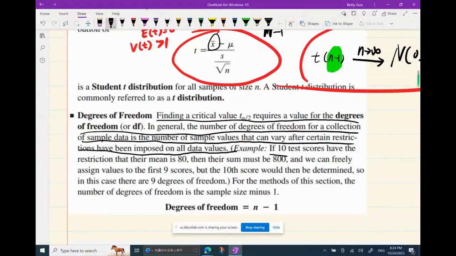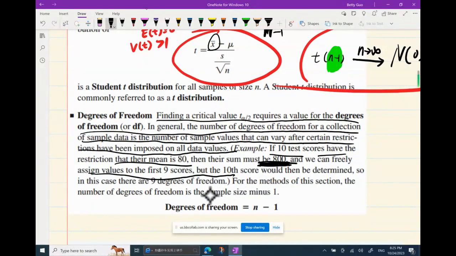For example, if we have 10 values and we know their mean is 80, that means their sum is 800. If their sum is 800, then we can freely assign the first 9 scores. Then the 10th score would be derived by using the restriction.